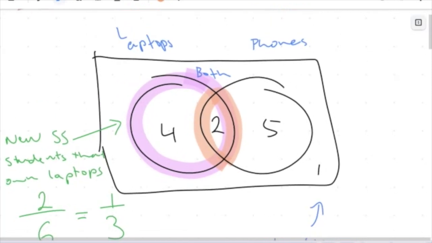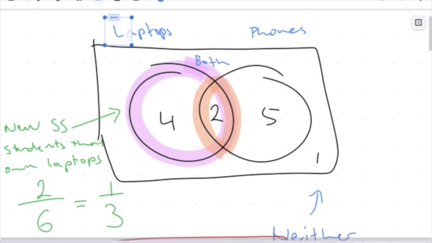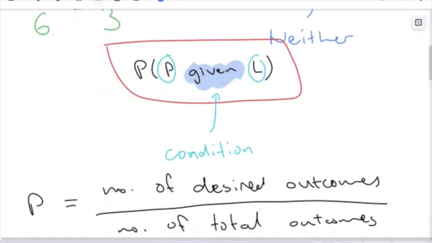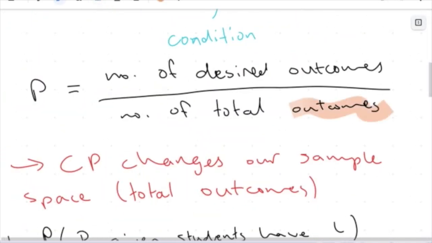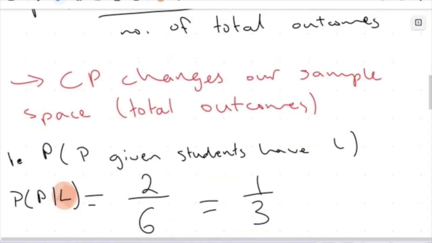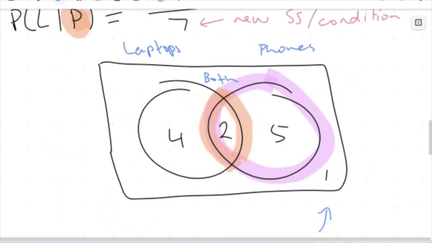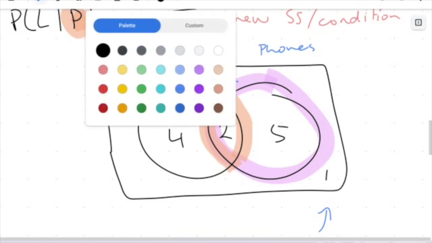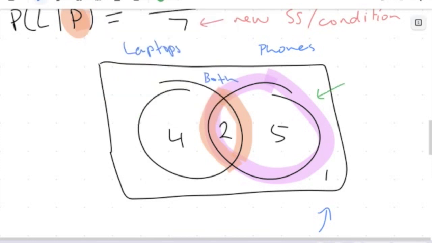So when we looked at, for example, phones given that they had a laptop, my entire space of students with laptops, this pink circle, is my new number of total outcomes we are measuring. And in the same way here, my 7 I had all together here, that is my new sample space or total outcomes.